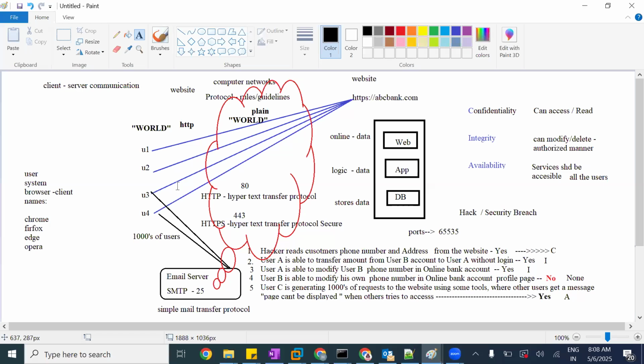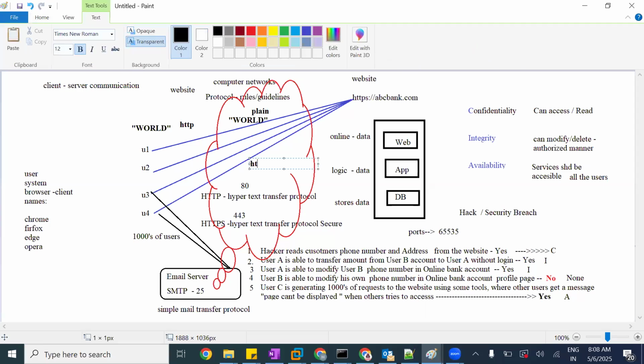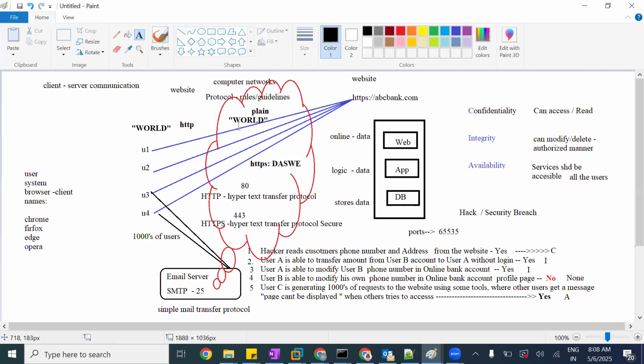In case of HTTPS, assume the application is HTTPS, in the internet this will be encrypted. The same message will go like this. You cannot understand what exactly this message is. That is the difference between HTTP and HTTPS.